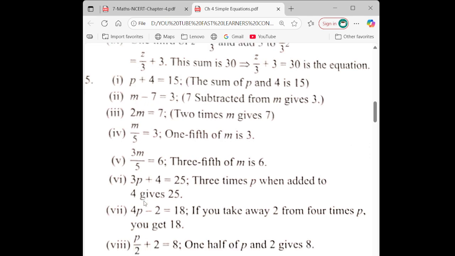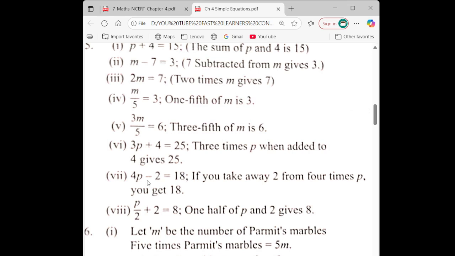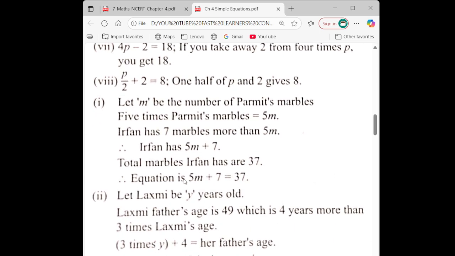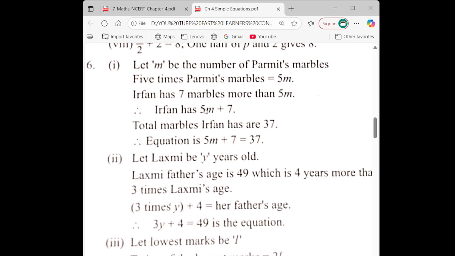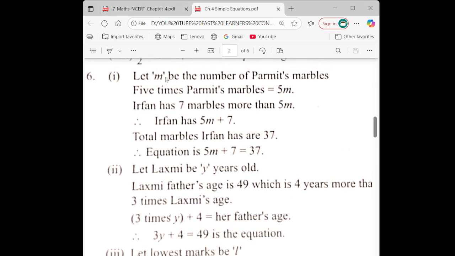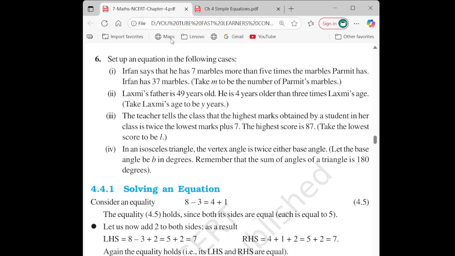Here 4p minus 2 is given. So you will write 2 subtracted from 4 times p, or take away 2 from 4 times p gives you 18. Then check the questions. In the question here you are given Irfan says he has 7 marbles more than 5 times the marbles Parmit has.